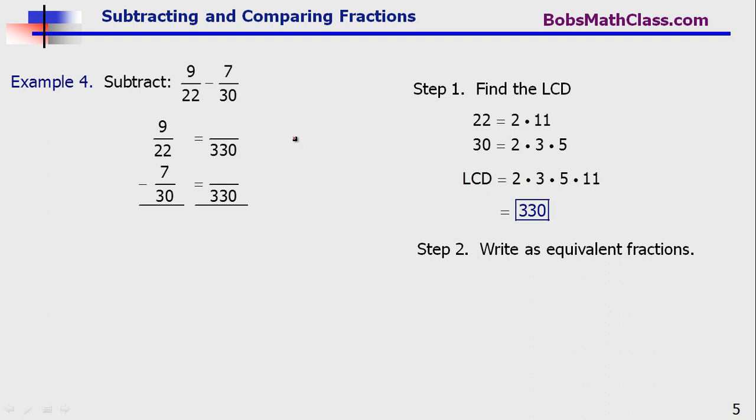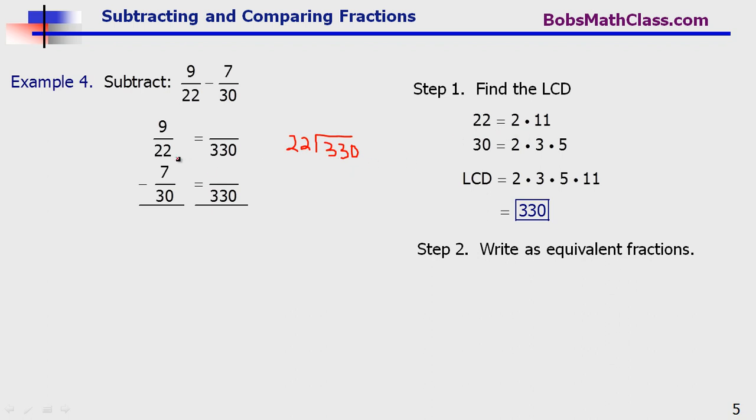Now, in the old days, or what your teacher might have told you in the past, was to divide 22 into 330. And you still can do that. So if you want to, you could do it that way. And that'll give you your answer of what number goes here. Okay? I don't want to do that. But this is what you can do.